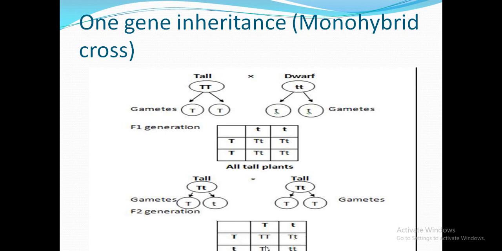That is, 3/4 of the plants were tall. Here you can see this is tall, this is tall, this is tall, and only 1/4 of the plants was dwarf. So the phenotypic ratio was 3:1, meaning 3 tall, 1 dwarf. So here you can see in the F1 generation this dwarf character was masked, but in the F2 generation this dwarf character was again recovered.